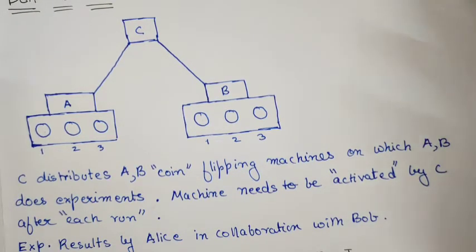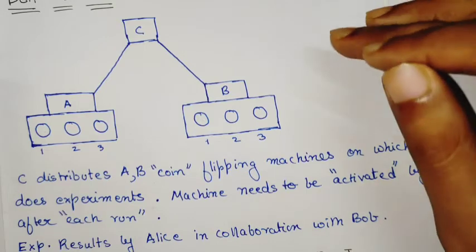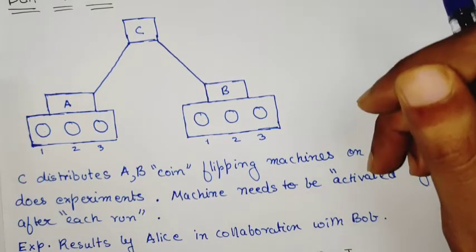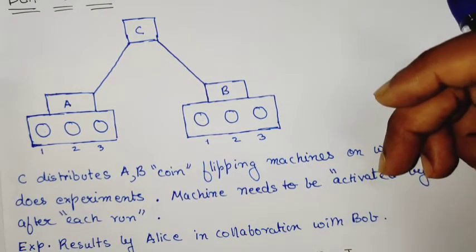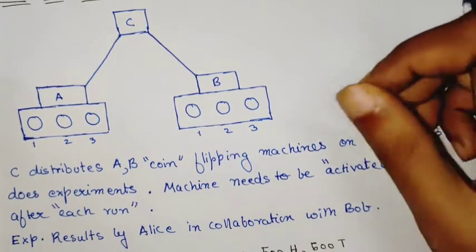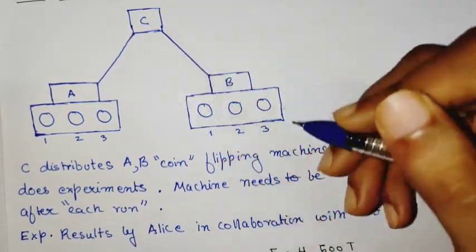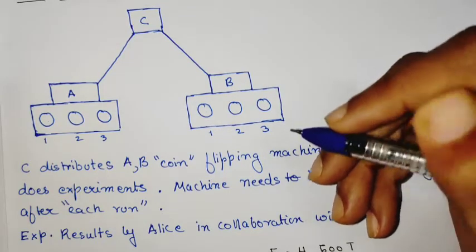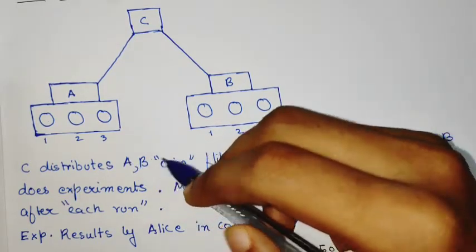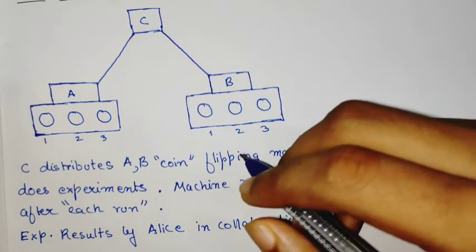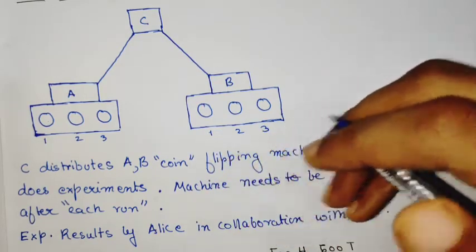And there are several kinds of these shapes that are possible for Bell inequalities. So let us start. The setup is that there is a member C, whom we call Charlie, and he distributes coins to Alice and Bob, and he also prepares a coin flipping machine.